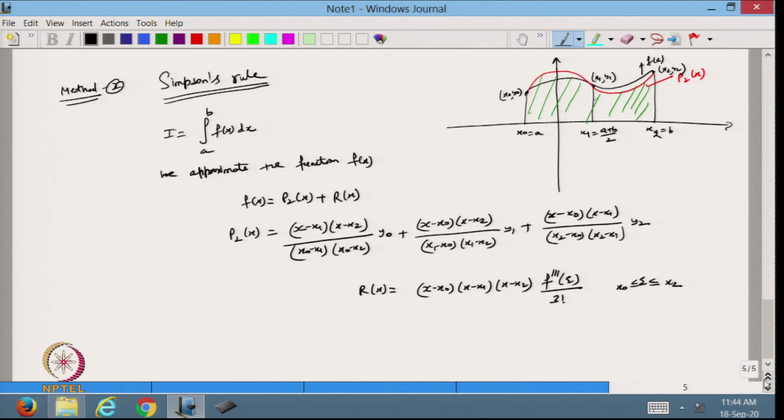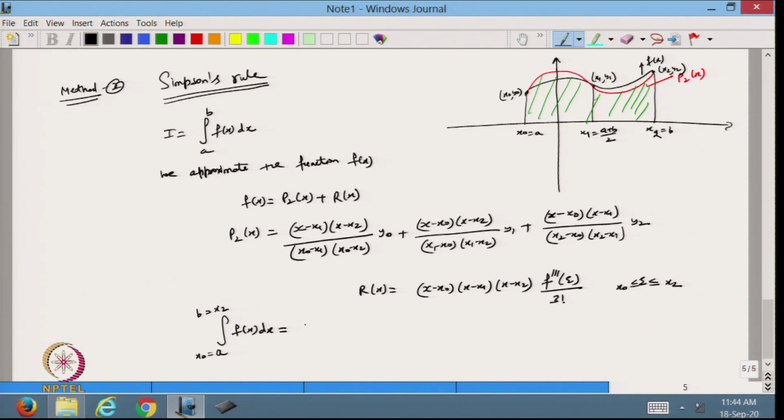So, from here now we have to introduce this one. I want to find the integration from x0 to x2, that is a to b, of f(x) dx.